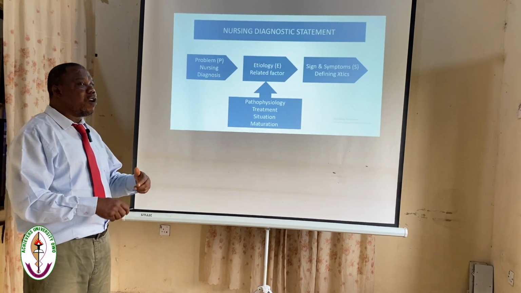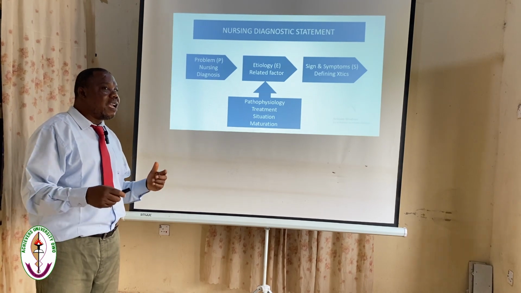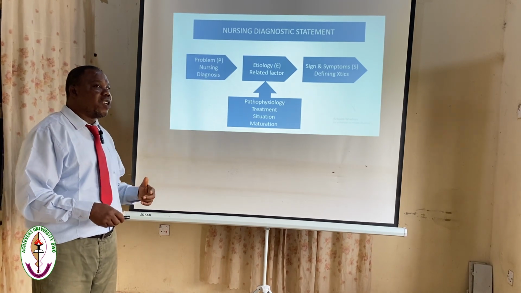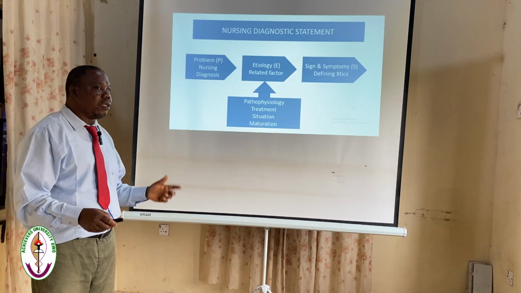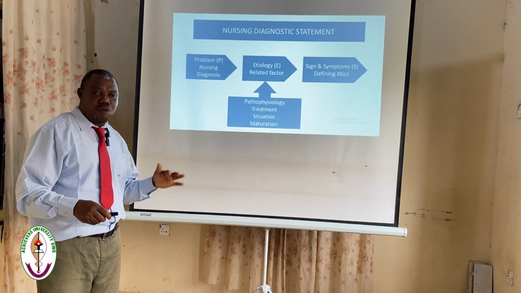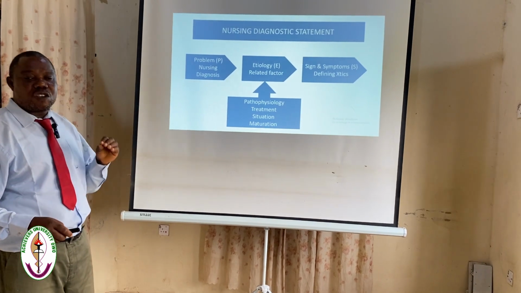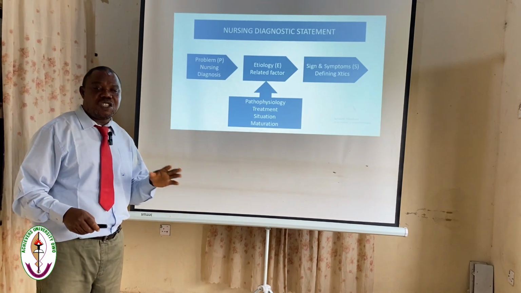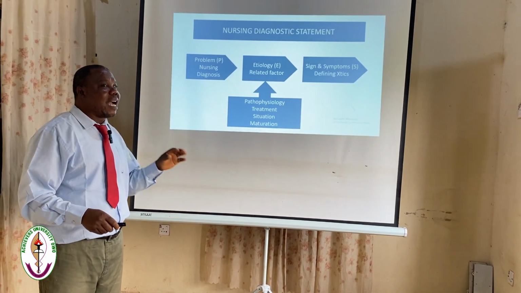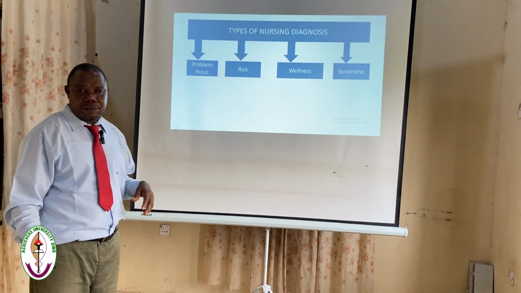For example, if somebody lost his spouse, it's a situation. And then you can also relate it to maturation. For example, elderly or children, they are classified into maturation state. Therefore, these are the four things that we can relate nursing diagnosis to. You don't relate it to medical diagnosis. It's never done.